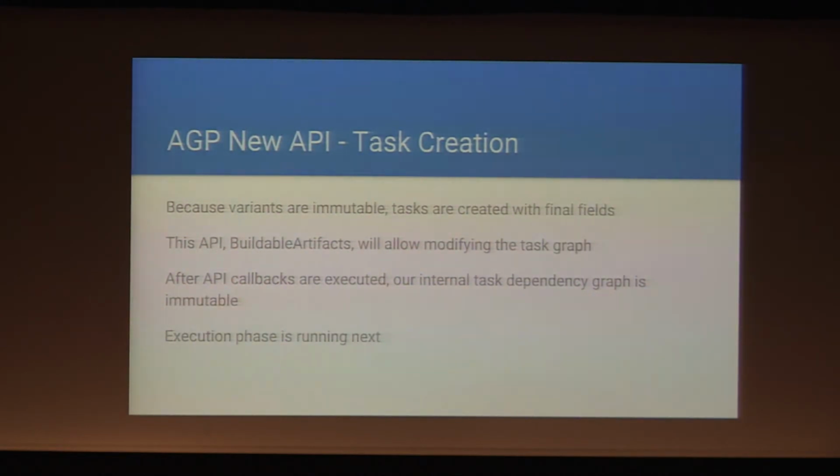The API that's going to allow this task creation, we call it for now buildable artifacts. We'll see if the name remains, but it's going to allow basically adding a task that produces additional files for a specific artifact type.